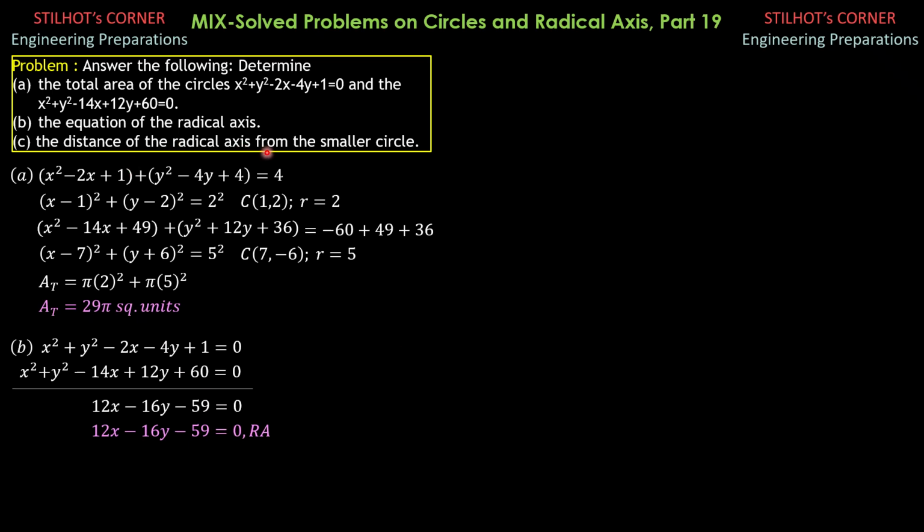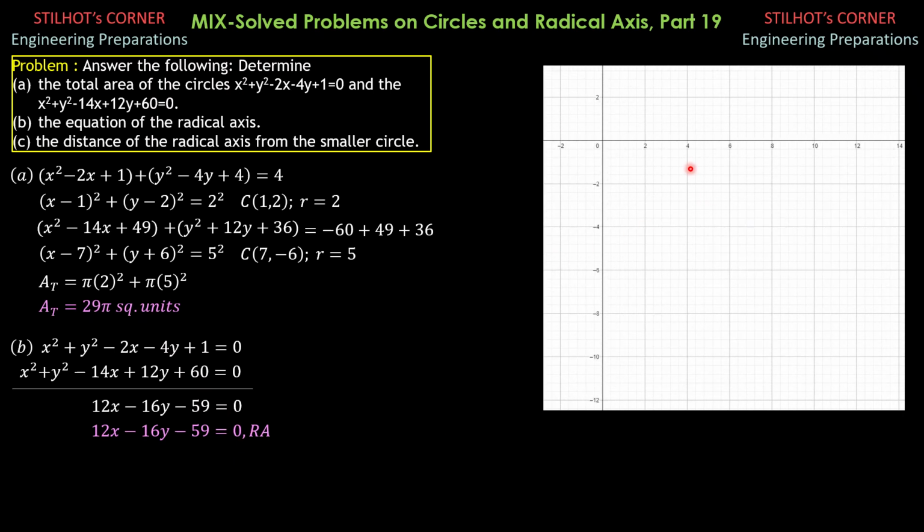For the distance of the radical axis from the smaller circle, one way is to sketch first the graph of the smaller circle with center at 1, 2 and radius 2 as shown, and the radical axis 12x minus 16y minus 59 equals 0. You just substitute x equals 0, then solve for y, which is negative 59 over 16, about negative 3 point something, so somewhere here.